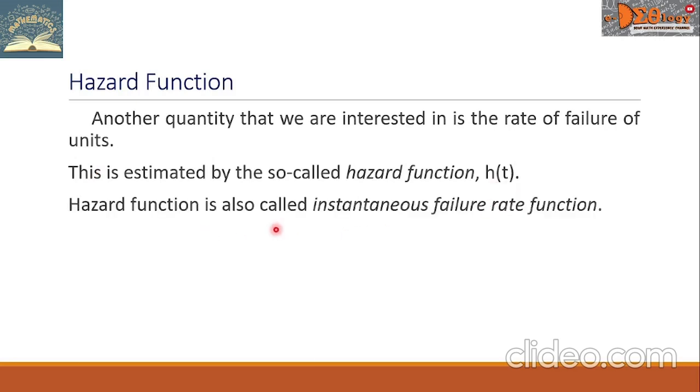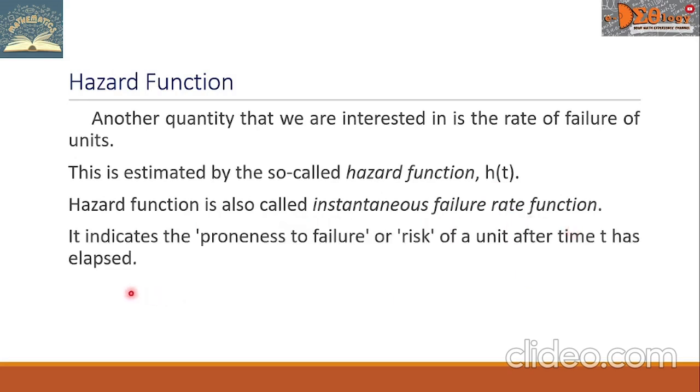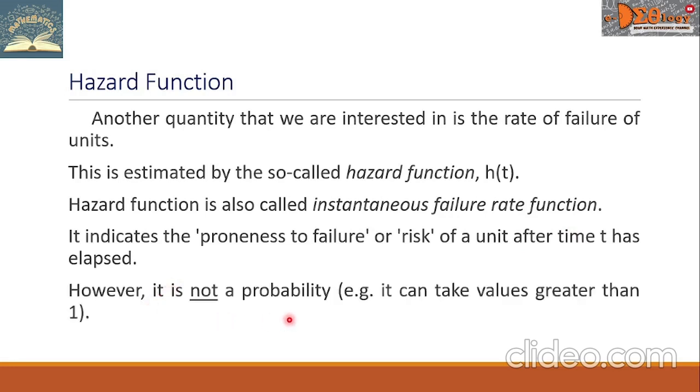Hazard function is also called instantaneous failure rate function. It indicates the proneness to failure or risk of a unit after time t has elapsed. However, it is not a probability, meaning it can take values greater than 1.